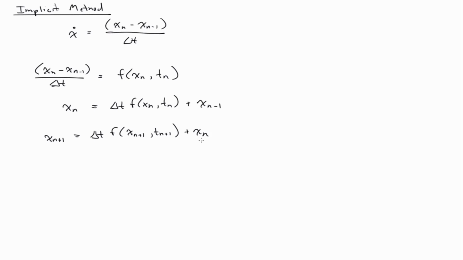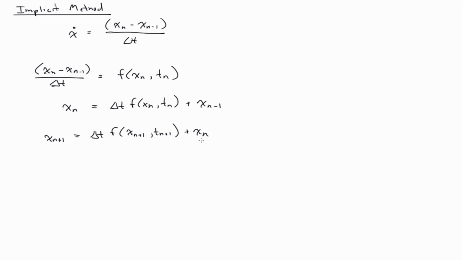When I say nonlinear problem, I'm saying that f, whatever the function of x and t is, if it's linear, then we can solve this by inverting a matrix. But if it's nonlinear, if you had an x squared in there, then you'd have to use some Newton iteration, which would also involve, at every iteration, inverting a matrix, because we're going to linearize it first and take a step.